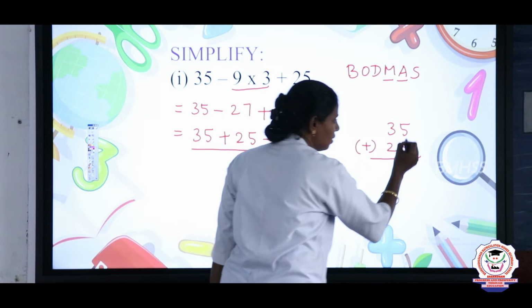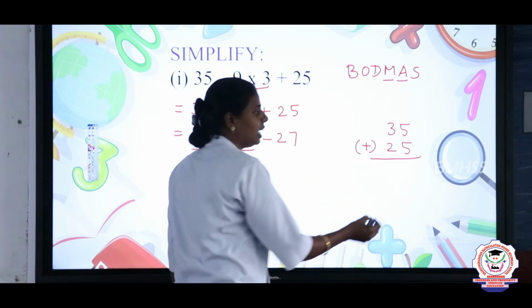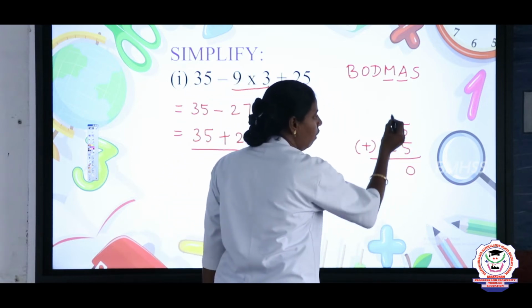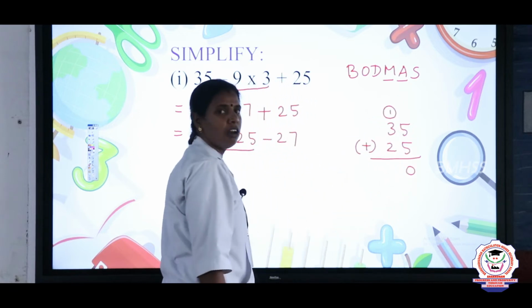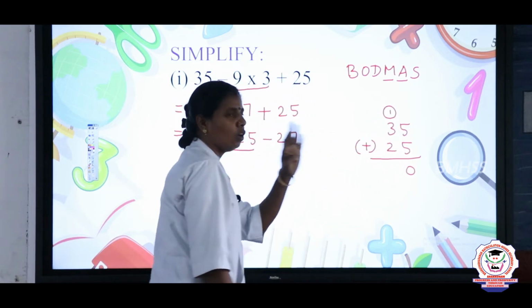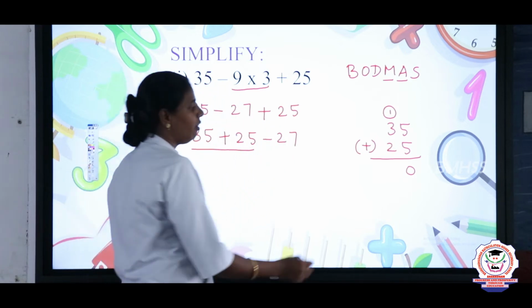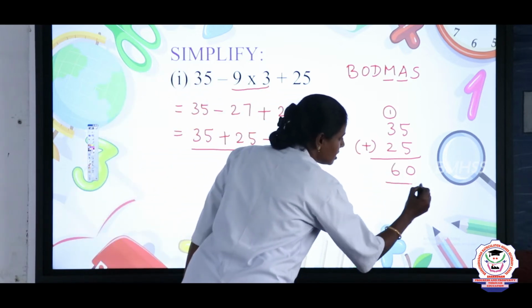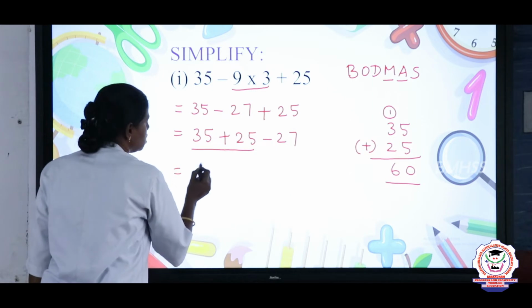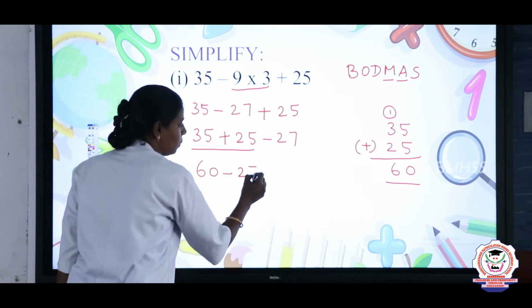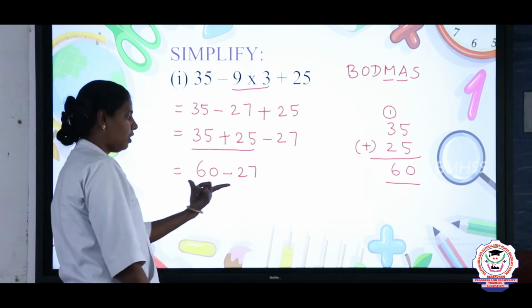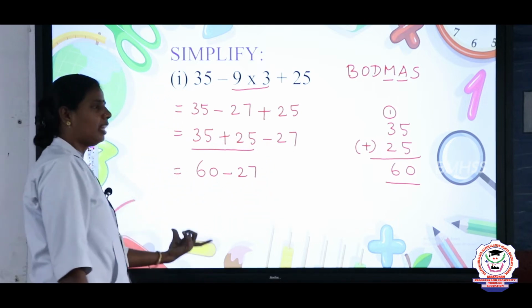What is 5 plus 5? 5 plus 5 is 10. Yes, very good. 0 and remaining 1. Now, 1 plus 3 is 4. 4 plus 2 is 6. Right? So the answer is 60. So we have completed the addition: 60 minus 27. Finally, we are going to subtract this and we will get the answer.